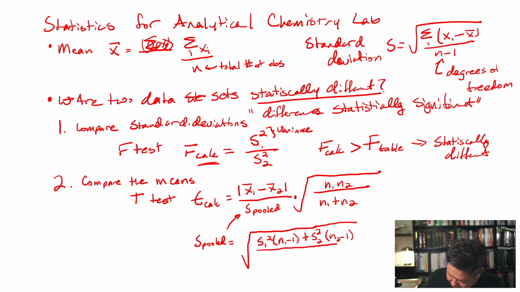And then all that is divided by the number of observations in the first data set plus the number of observations in the second data set minus 2.